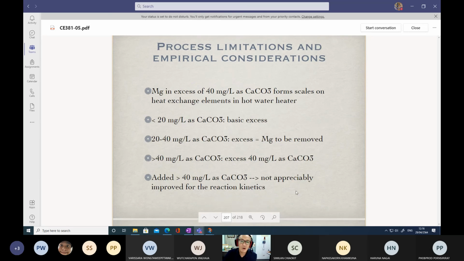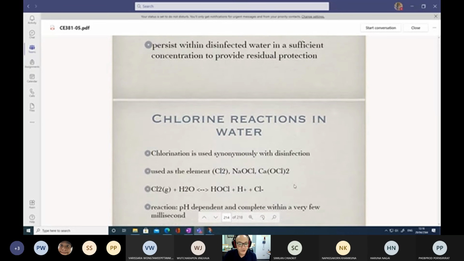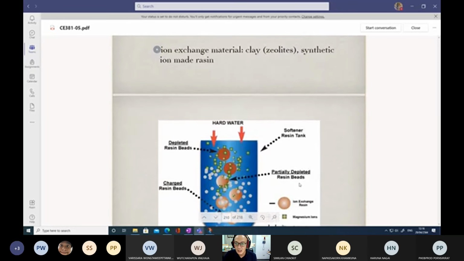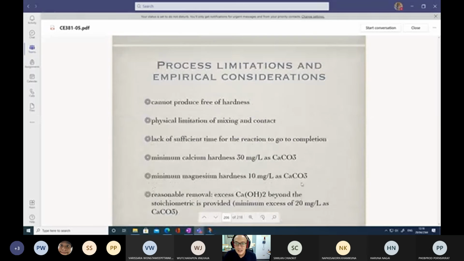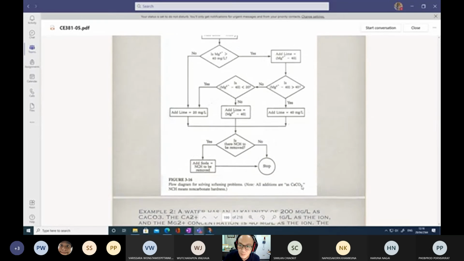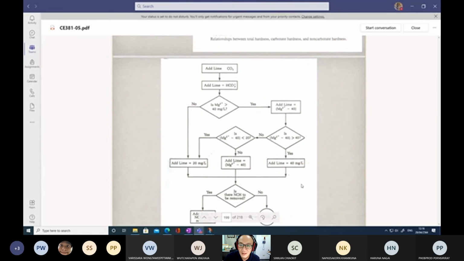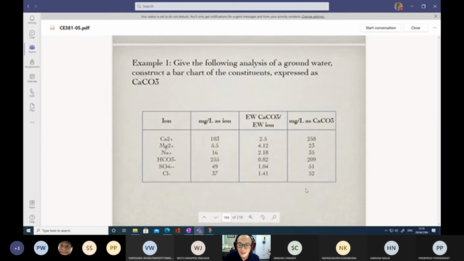Okay, so these are all about the hardness, and I think in terms of the content in this chapter, we have already finished. Okay, so now just come to the example.